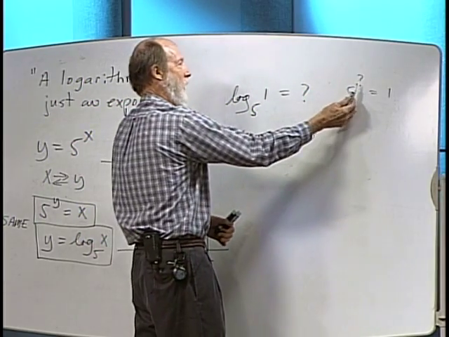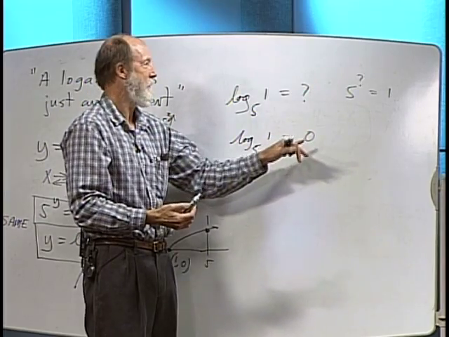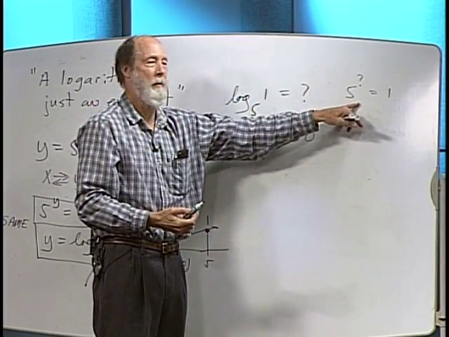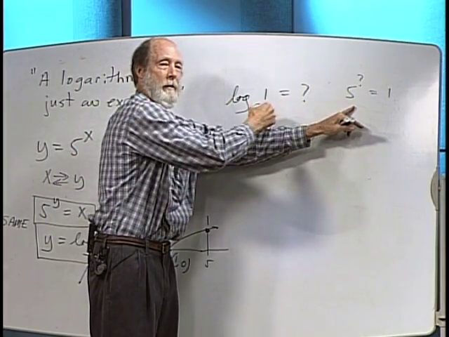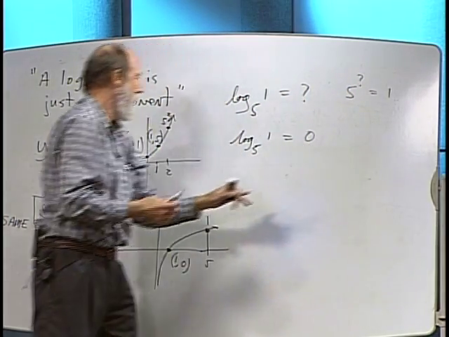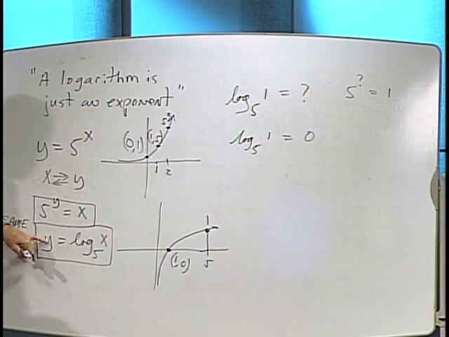And Jennifer answered that, has to be a 0. These two statements are identical. And that's the same thing that is being stated over here in general: 5 to the y equals x, or y equals log base 5 of x.